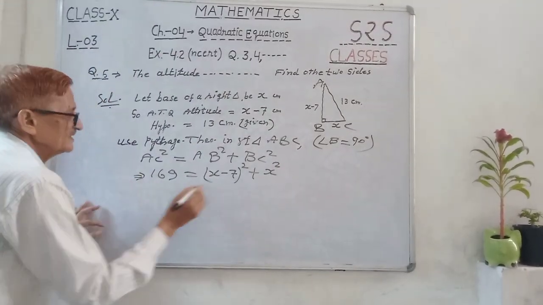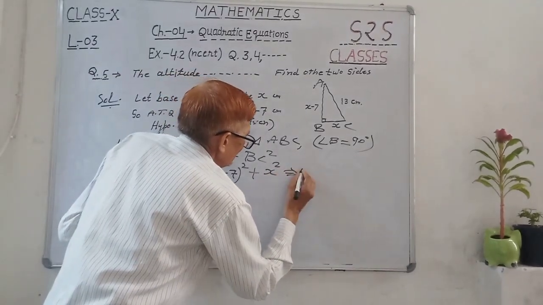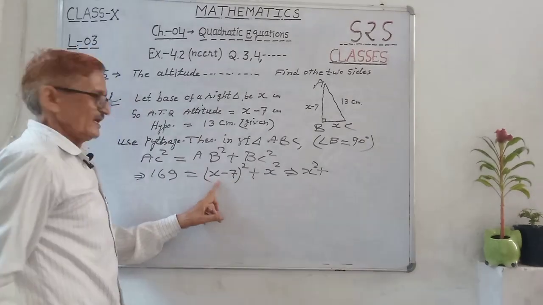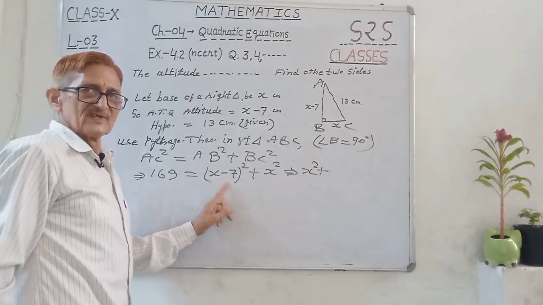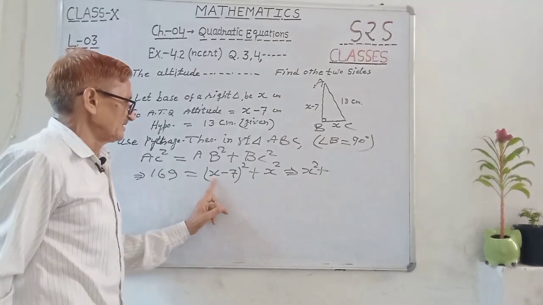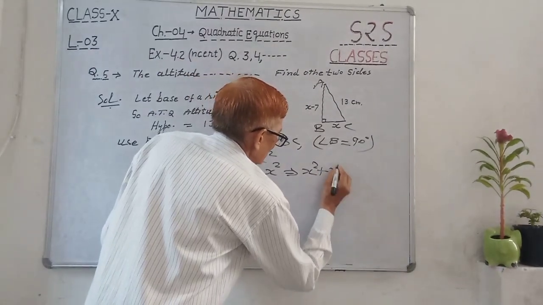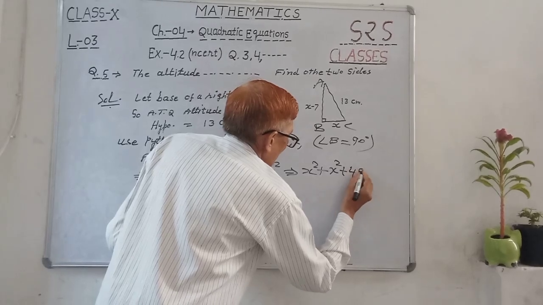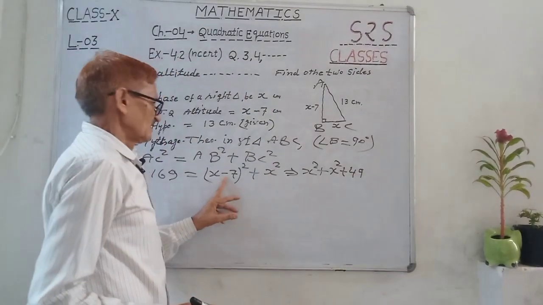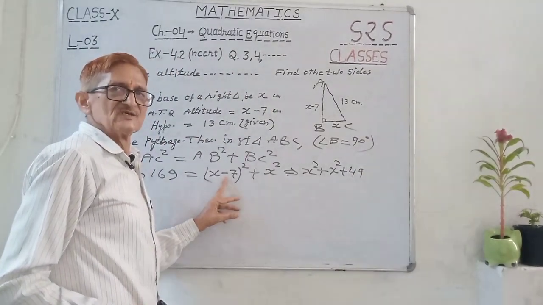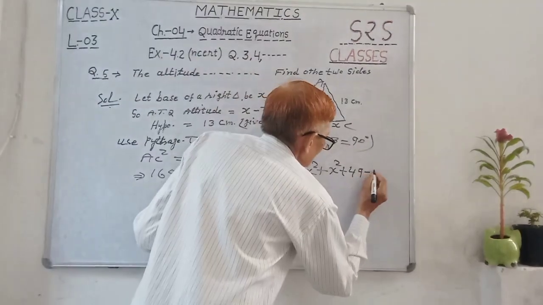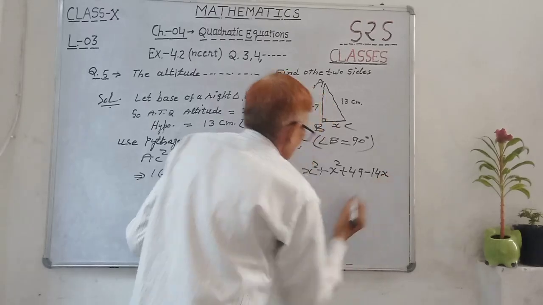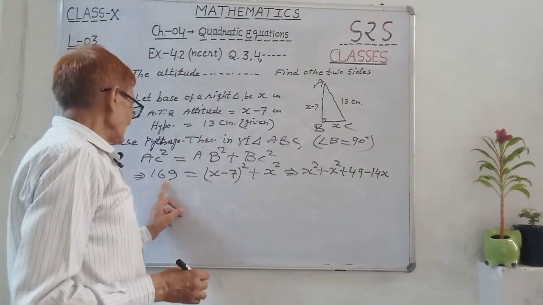Then it will come x square plus (a minus b) whole square, a square plus b square minus 2ab, then a square x square plus b square 7 square 49 minus 2 into x into 7, 14x, minus 14x minus 169.